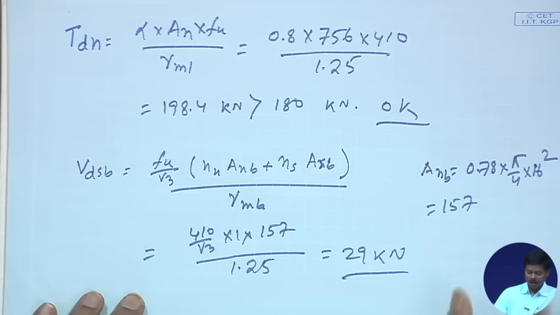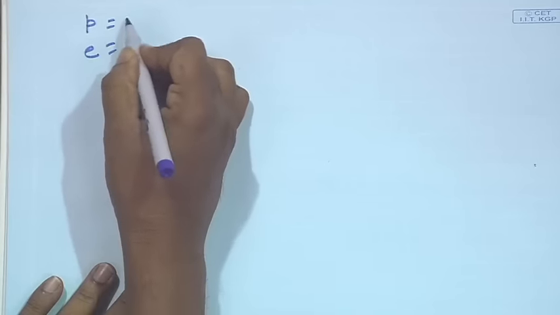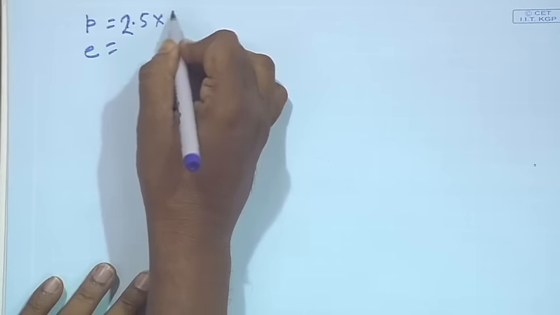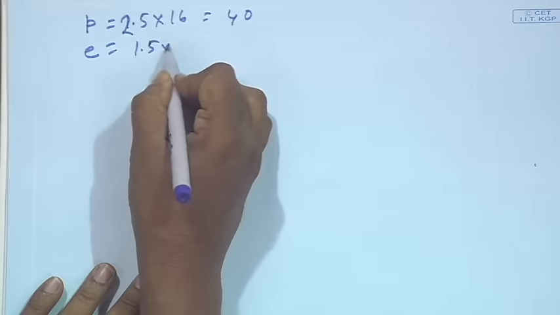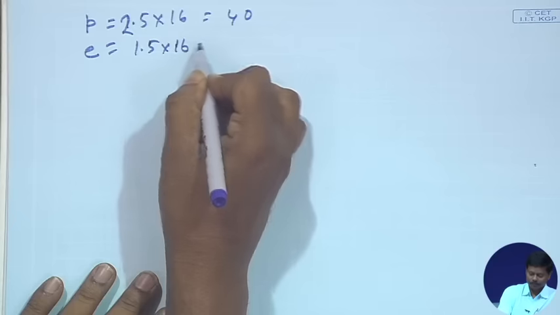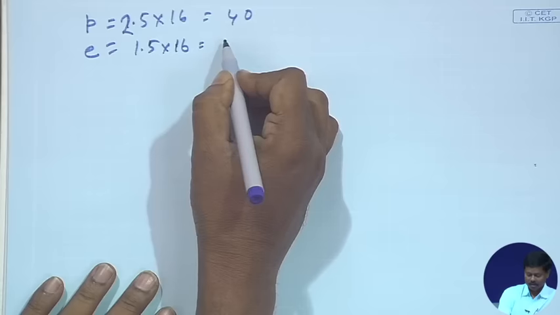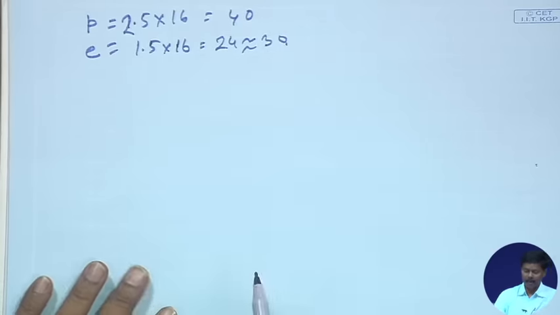So, now I have to find out the bearing value of the bolt. To find out that, I have to fix the edge distance and pitch distance. Pitch distance I can make 2.5 into d. So, this is 40 and this is 1.5 into d. This I can make, this is coming 24, but I can take 30, right.